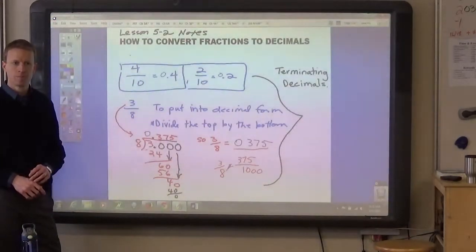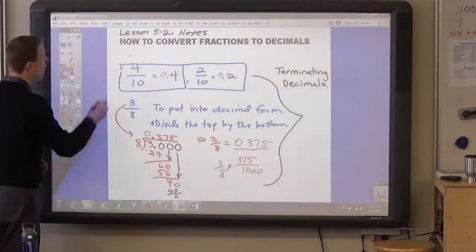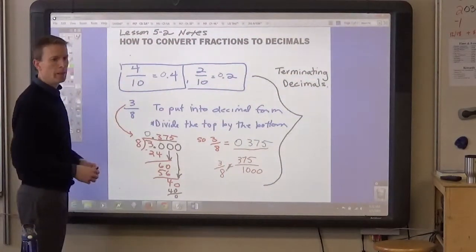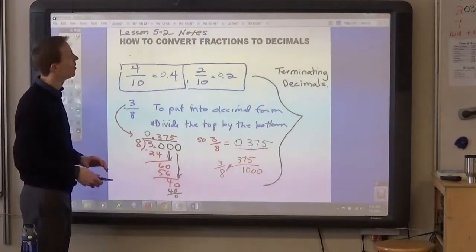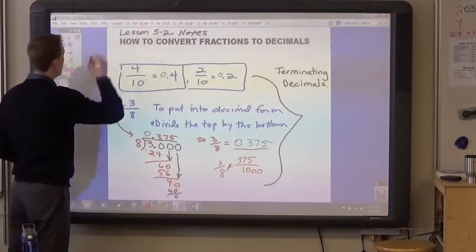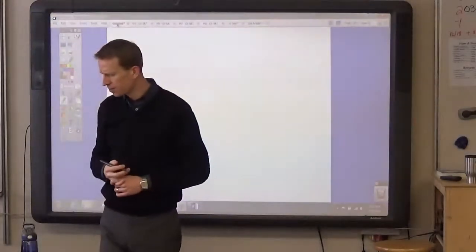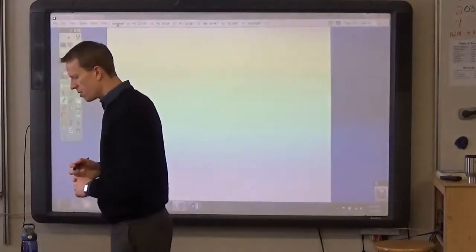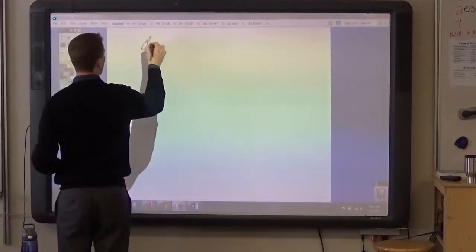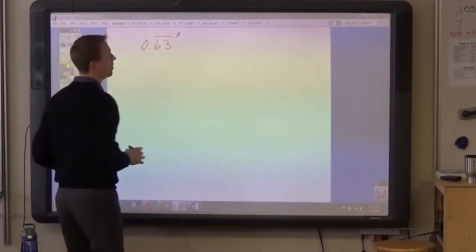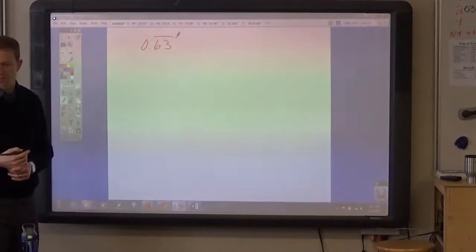Okay? Now, on your worksheet, it gives you some repeating decimals. So the first one, 63 hundredths repeating.